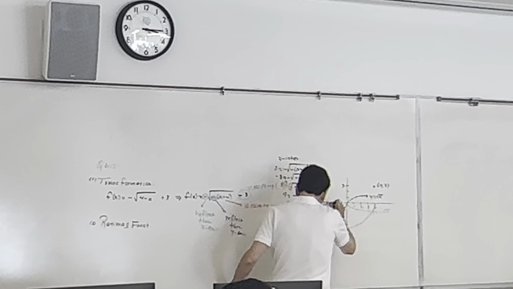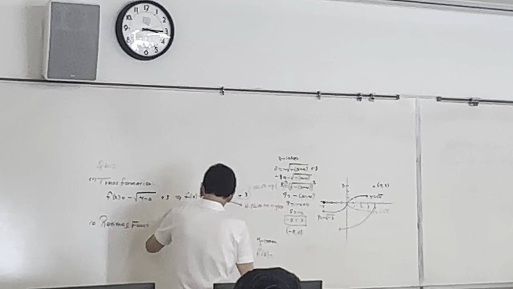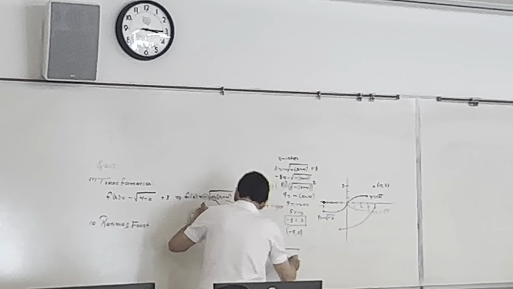Y-intercept. Find the y-intercept a little easier. You replace all the x's by 0 back at the original. You got negative square root, replacing x by 0, negative 0 subtract 4, plus 3. F at 0.